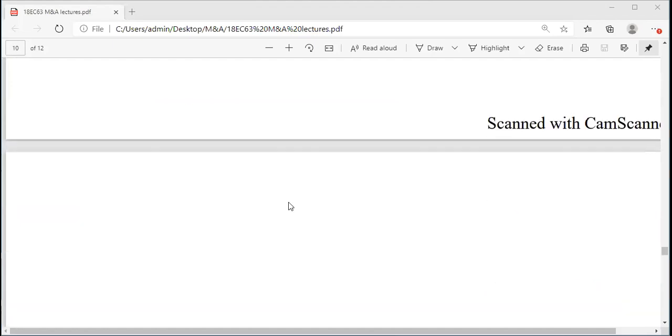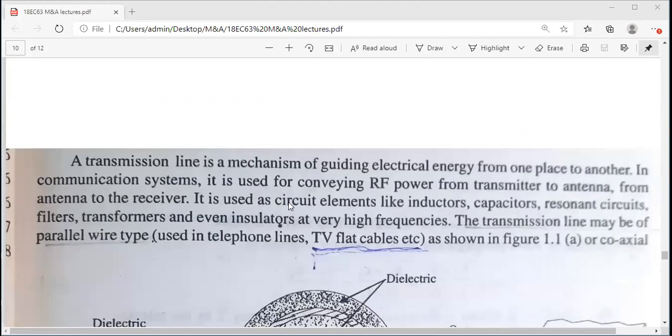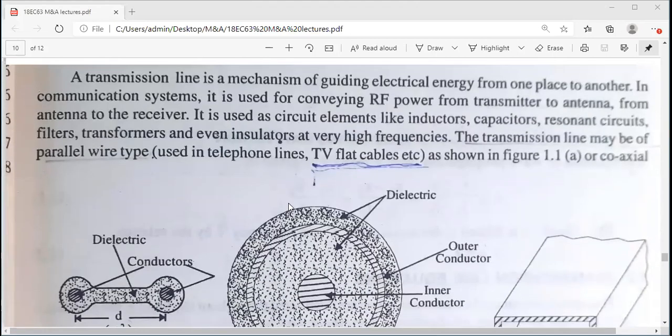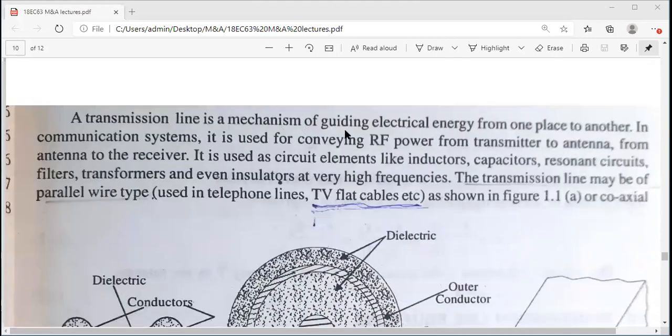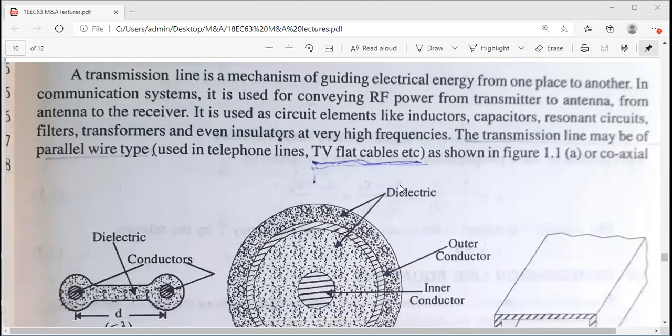I have given you the picture. Again, the same thing is repeated here. A transmission line will guide the energy, or carry the energy, from one place to the other place. Same thing, power, even in the case of a transmitter or receiver, it is used.